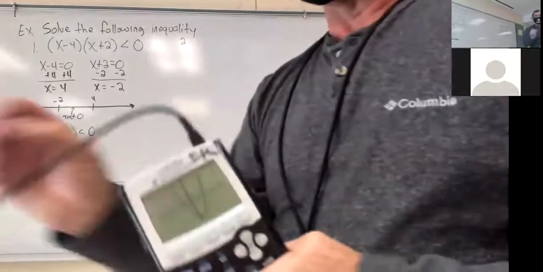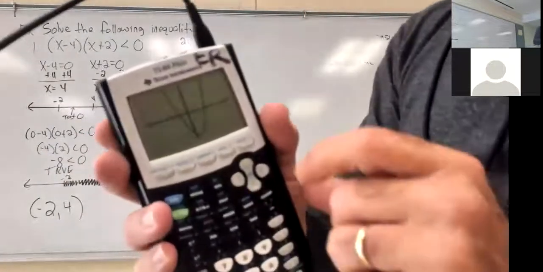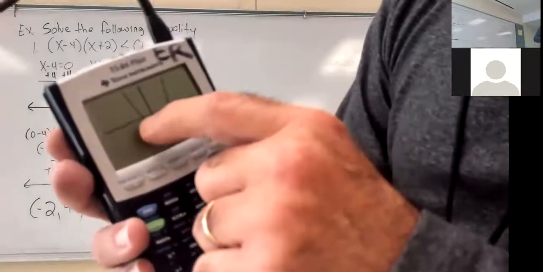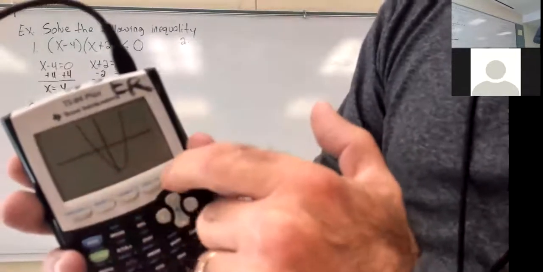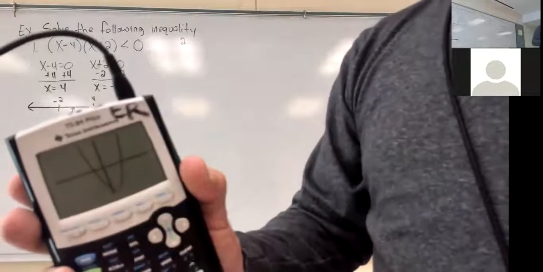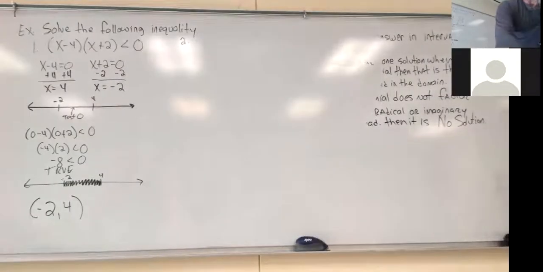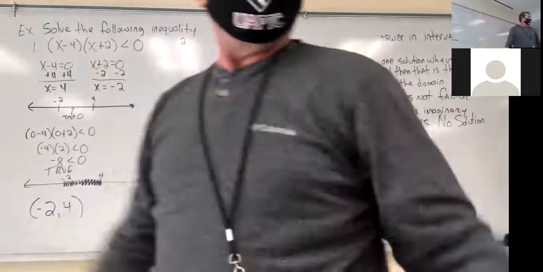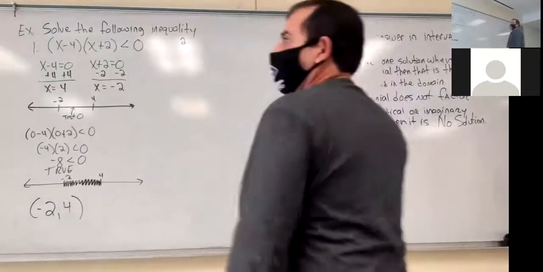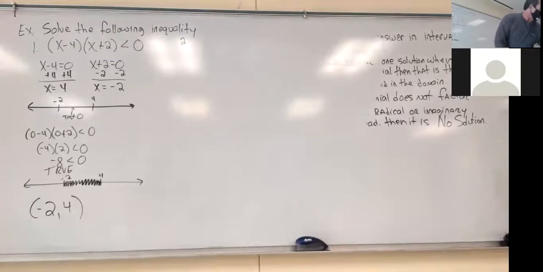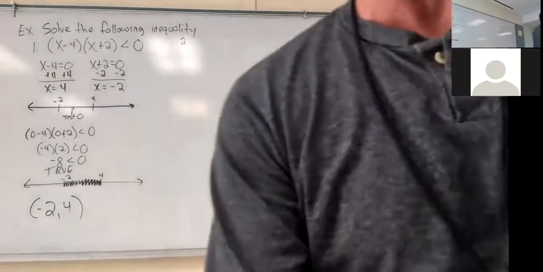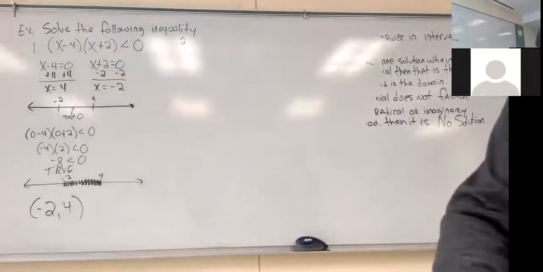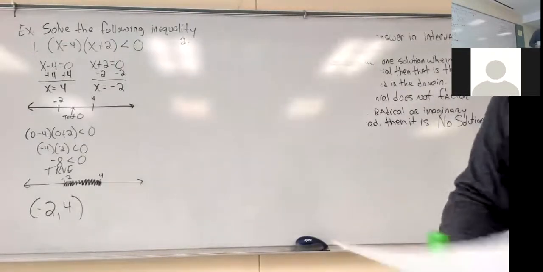In between negative 2 and positive 4 on the graph, you're below the x-axis. Remember, the x-axis is the 0 on the y's, right? So you can sort of use the graph to help you out on these. Only thing is it won't tell you whether you're using the brackets or the curvy parentheses, okay?